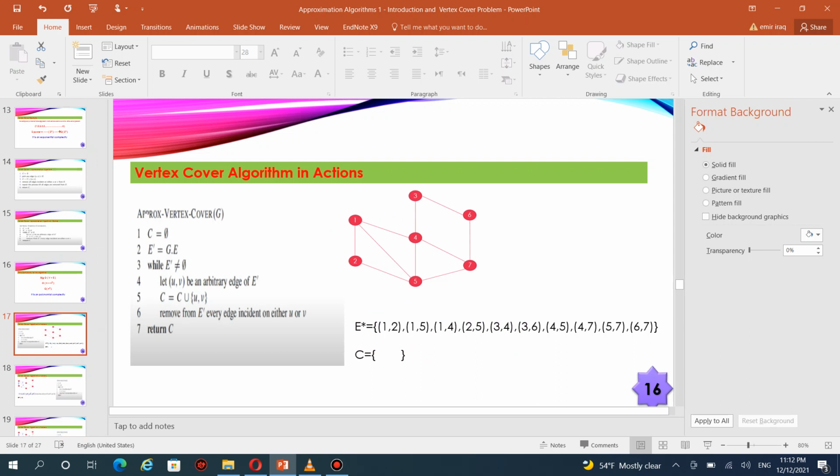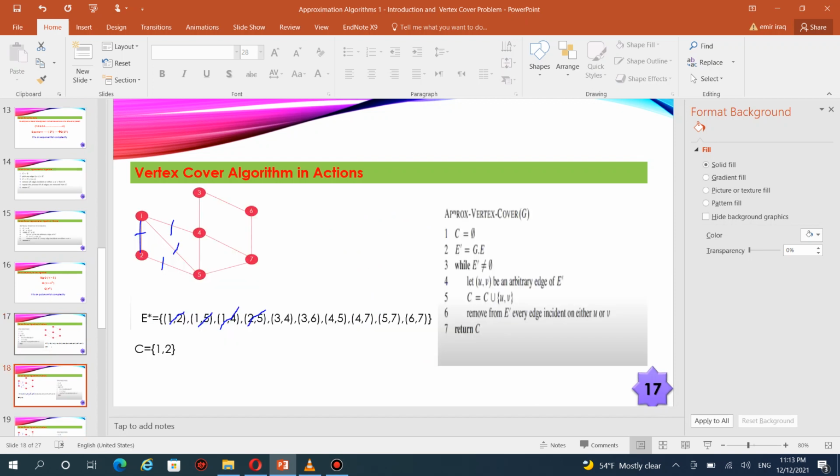While E is not null, we will take any edge, suppose we select 1, 2, and we will remove each edge related to 1 and 2: 1, 2 is removed, 1, 4 removed, 1, 5 removed, 2, 5 removed, and we add them to C. Then after that we will select another vertex until E is null. The next slide will explain.